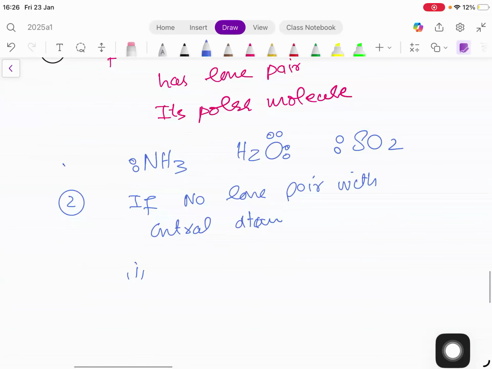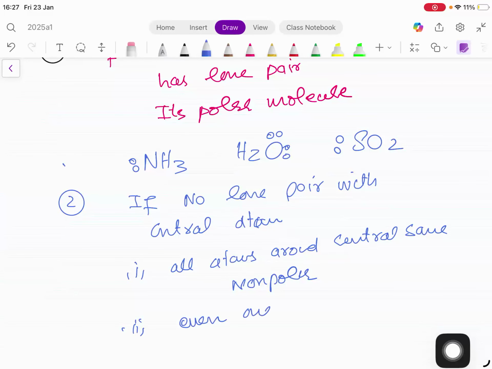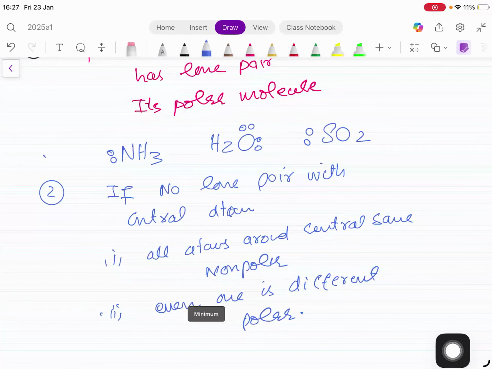Case one: all atoms around the central atom are the same, non-polar. Even if one is different, it's polar.